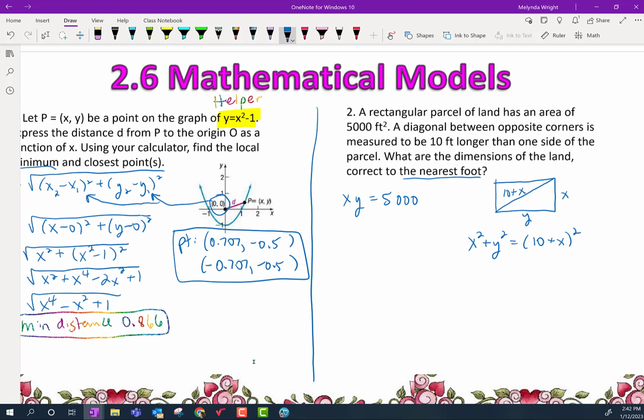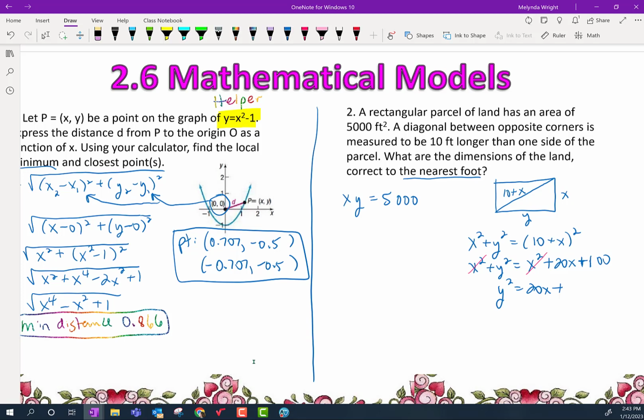So let's go ahead and FOIL that out. If I FOIL that out, what do I get? I get x squared plus 20x plus 100. I can see that those x squareds will cancel, and so I've got y squared equals 20x plus 100.